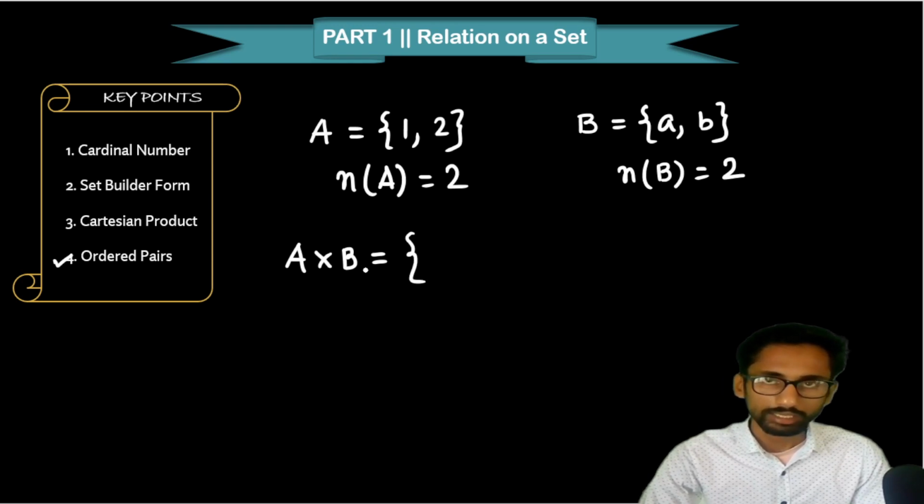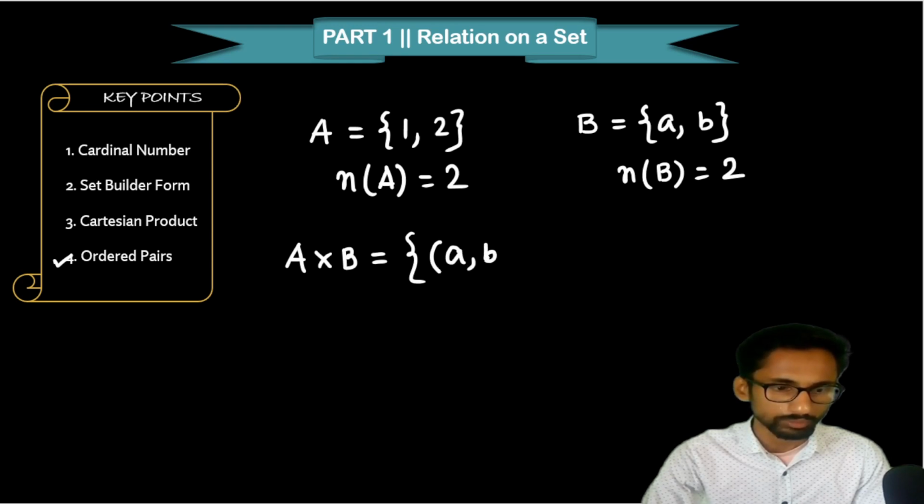If we are finding A cross B, all the elements of this product set will be ordered pairs. Ordered pairs means a pair of 2 elements written in this format (a, b), such that a belongs to the first set and b belongs to the second set.